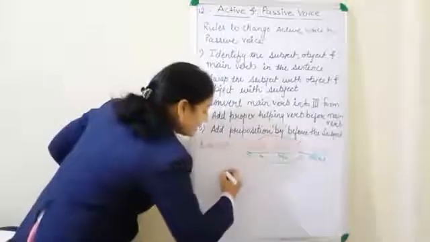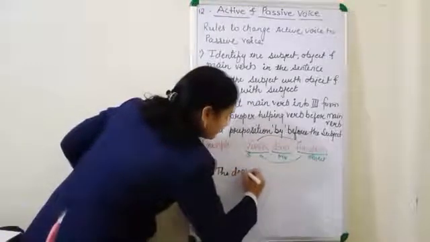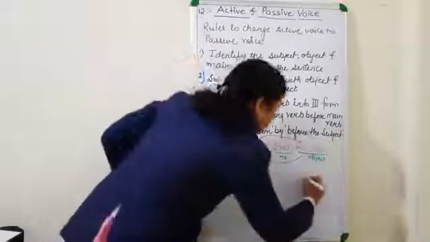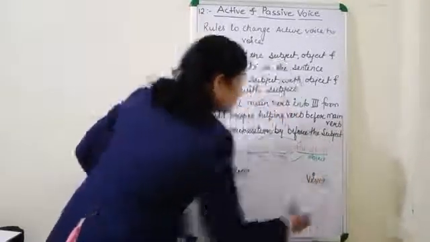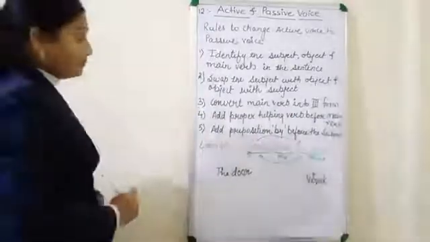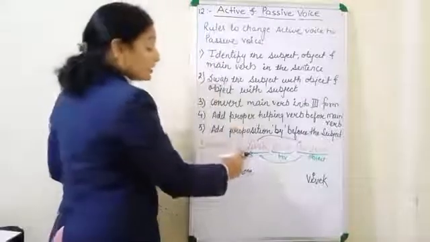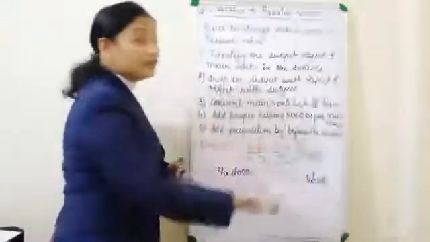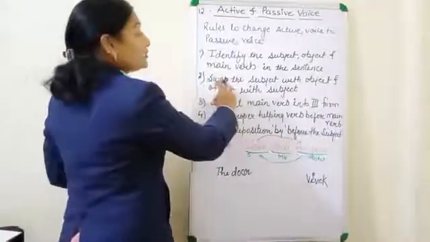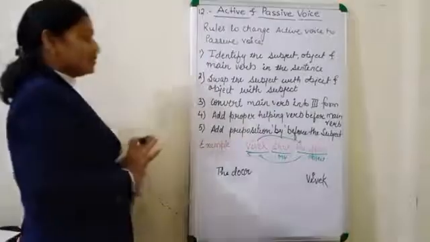The door will come first, and Vivek will go in the last. Understood? So this is the second important rule. The first one was to identify and the second one was to reverse, that is, swap the subject with the object and object with the subject.